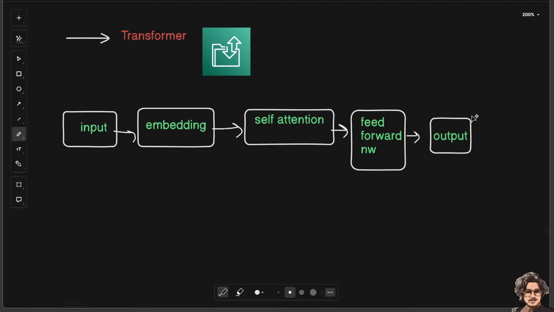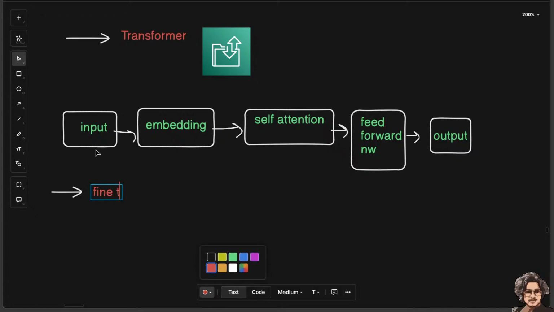The next question is: what is fine-tuning? Fine-tuning means training a pre-trained model on custom data.